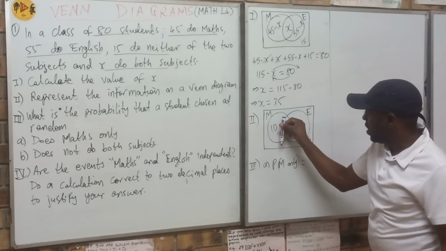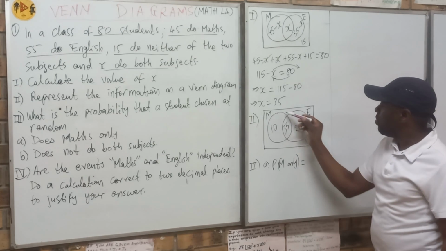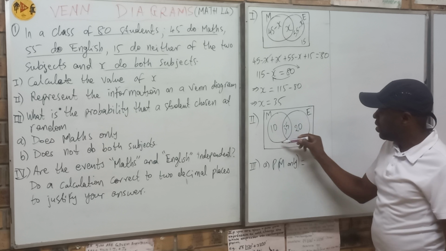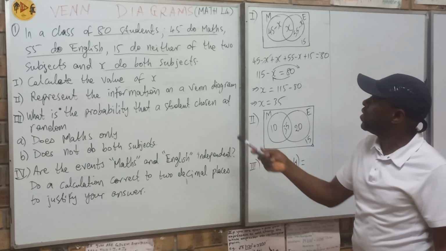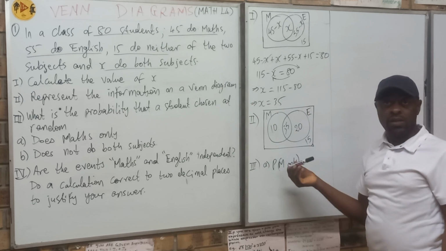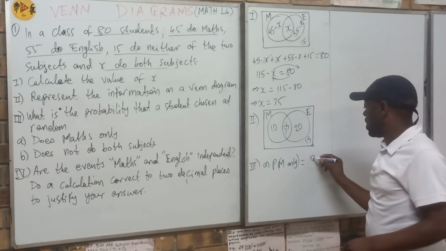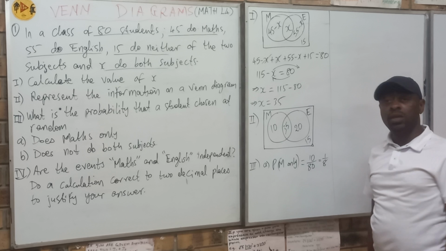So mathematics only is the portion with 10 students. Mathematics means the whole circle, which has 45, as you can see. 10 plus 35 is 45, just like it was given. But if you're interested in mathematics only, it's 10 students. So we've got 10 out of 80. So the probability of doing math only is 1 over 8.